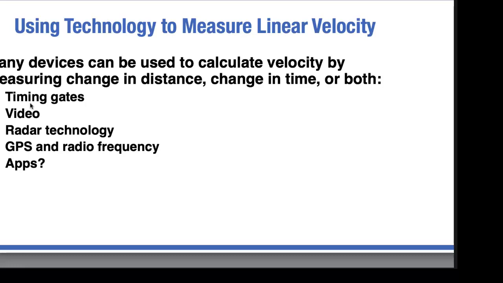GPS would be a really interesting one. There are a few apps. I've got one that I want to try for throwing a baseball. I was working with somebody last year on a soccer ball app where you set up your phone on a tripod, and here's where someone's kicking, and here's the goal. It would give you points.